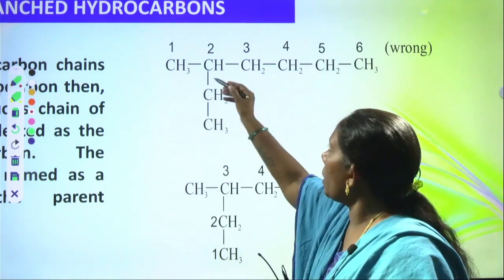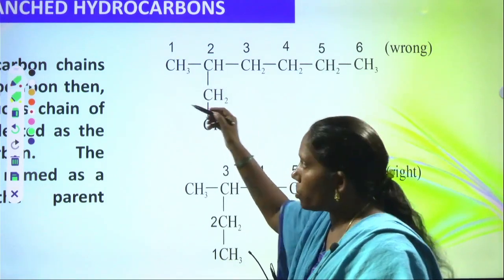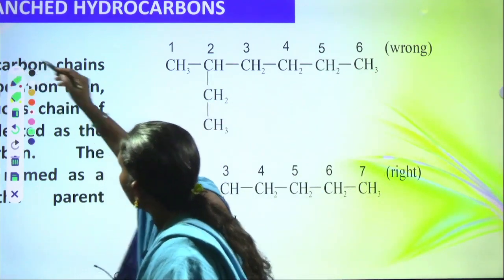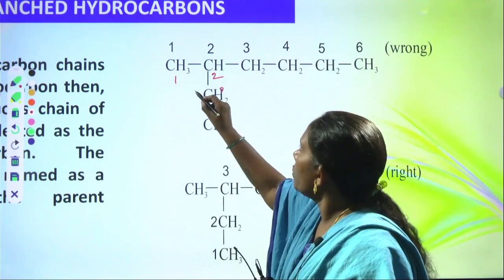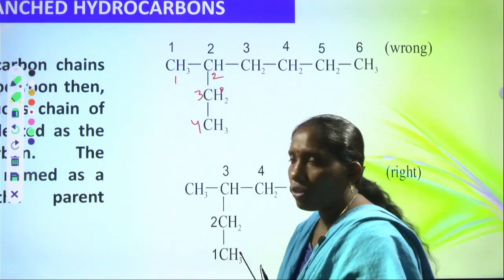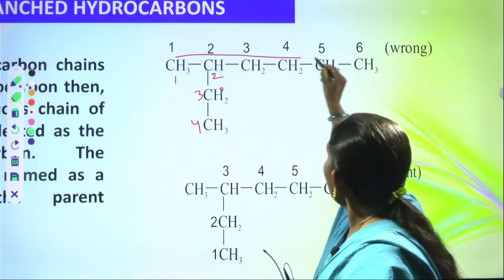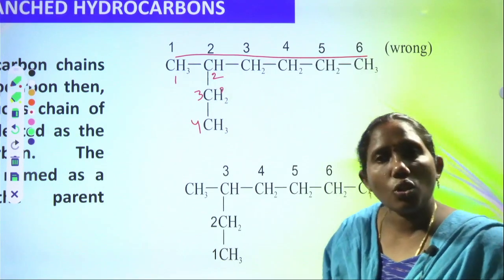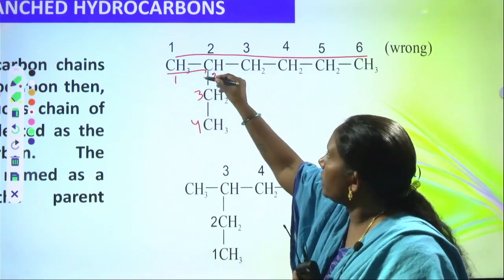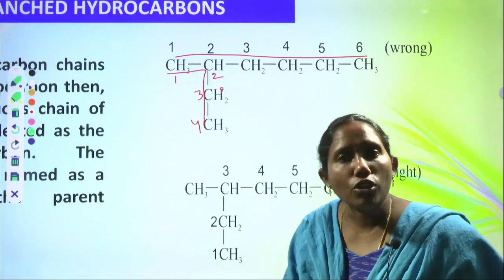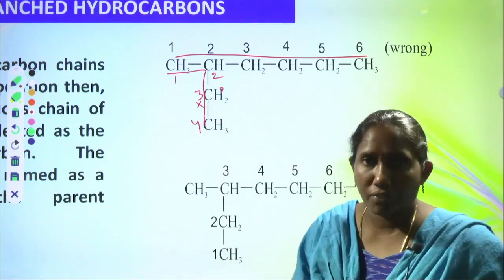Suppose you take this branch as the major branch, then 1, 2, 3, 4. If you take the chain like this, it has 6 carbons, so that is the longest chain. If you take the numbering like this, it has only a 4 carbon chain, which is the short one, so this numbering is not preferable.